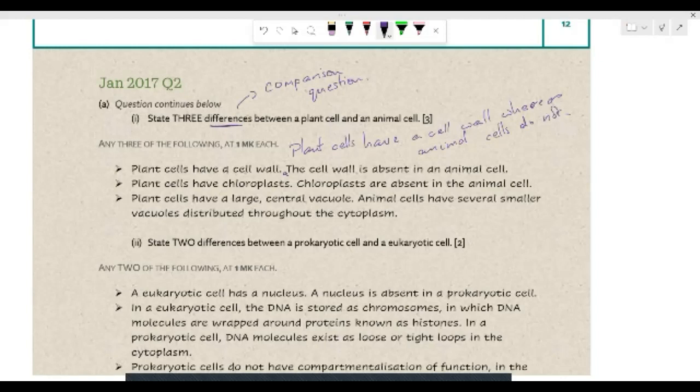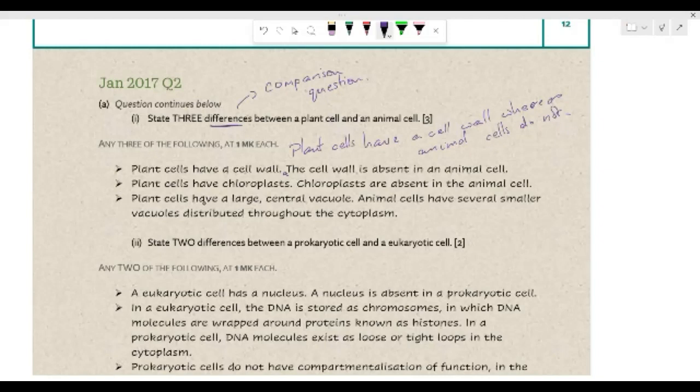Right? And that's your answer. That's another way you could write your answer, right? So plant cells have chloroplasts, chloroplasts are absent in animal cells. Plant cells have a large central vacuole. Animal cells have several smaller vacuoles.